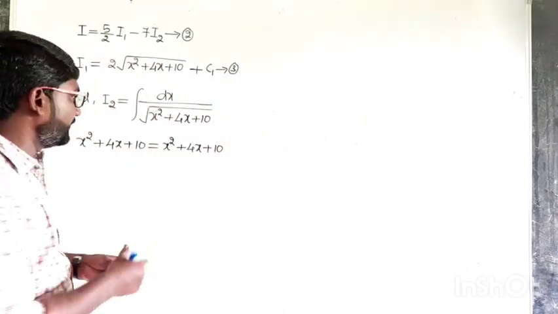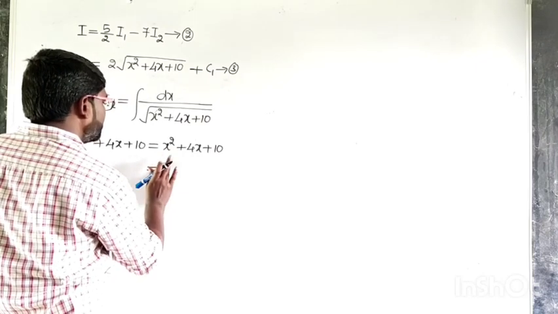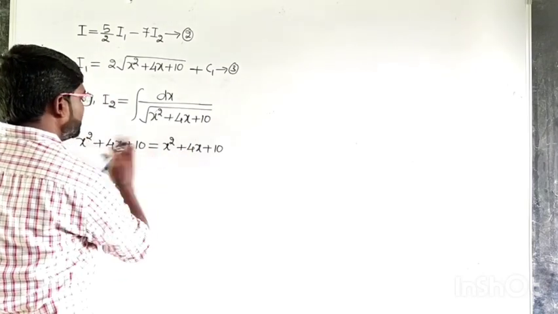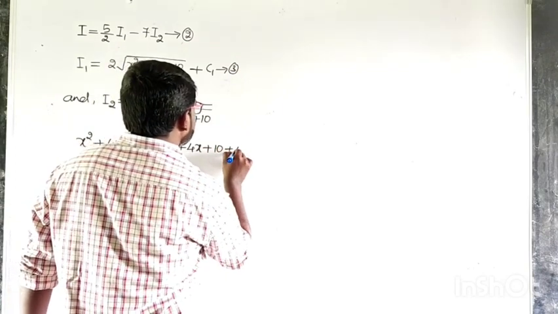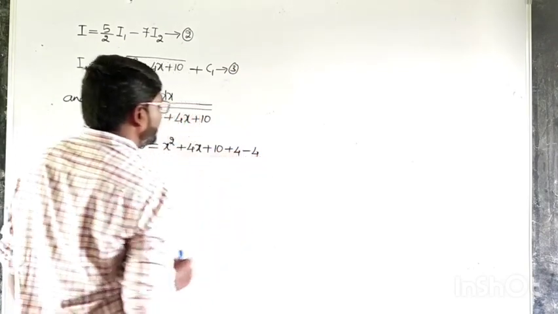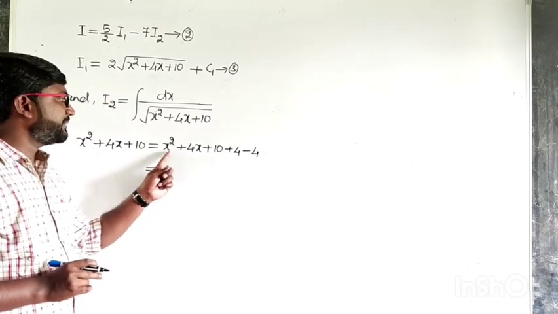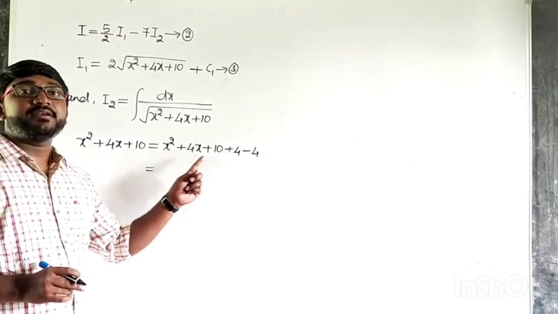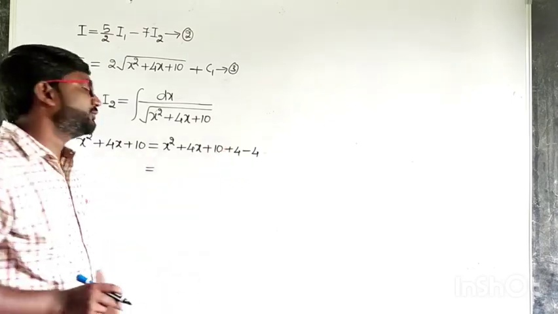So let us do that now. x square plus 4x plus 10 plus 4 then minus 4. So now here we have a square plus 2ab, that means we need plus b square, so it will be in the form of a plus b the whole square.